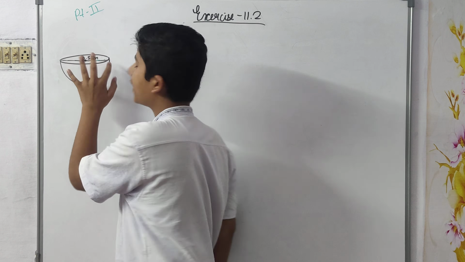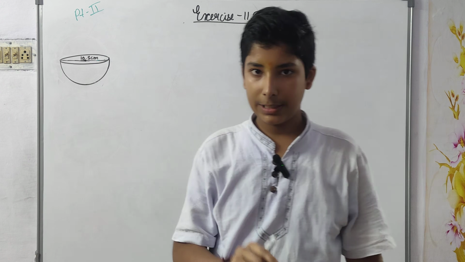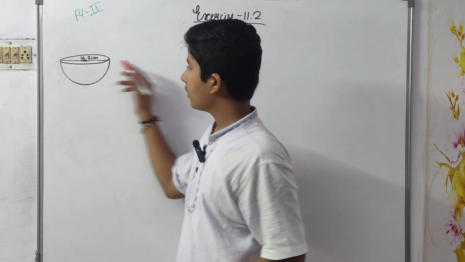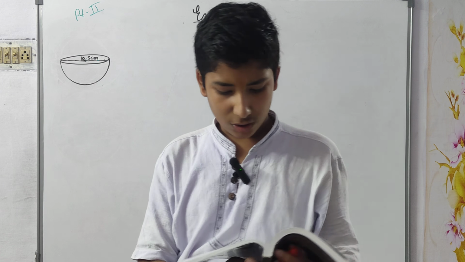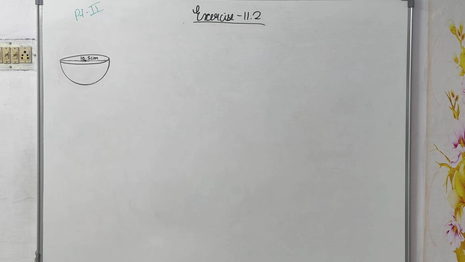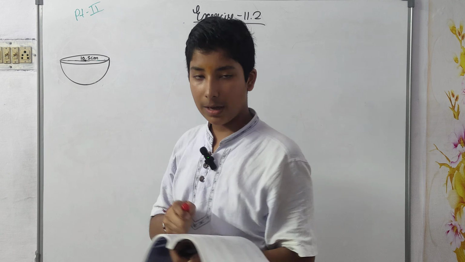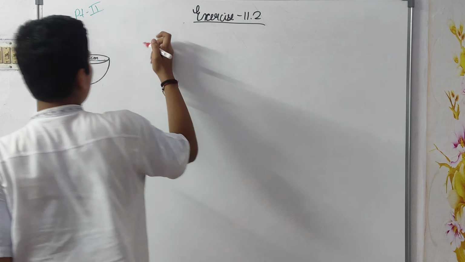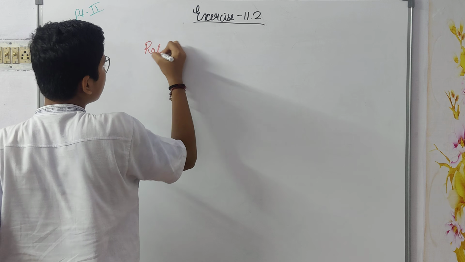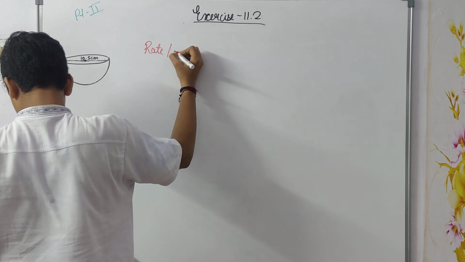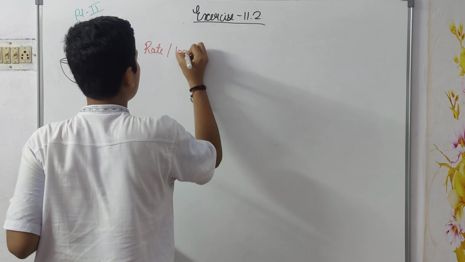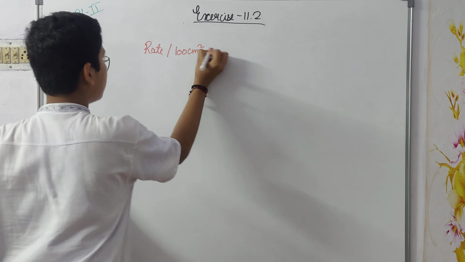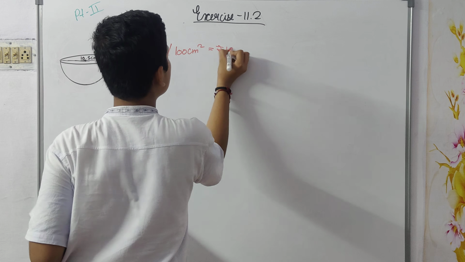Its diameter is given as 10.5 centimeter, and we have to find out the cost of tin plating, or you can say the curved surface area, and then the rate per 100 centimeter square equal to rupees 16.